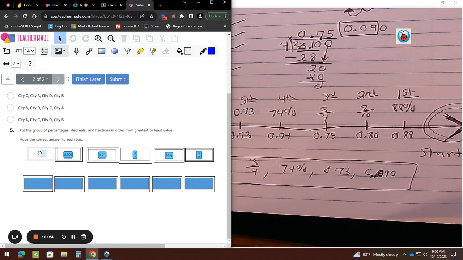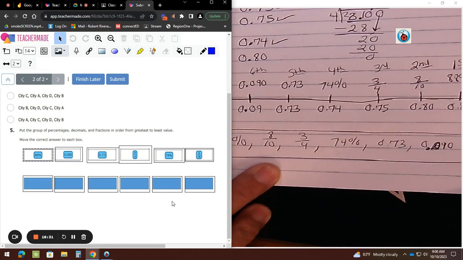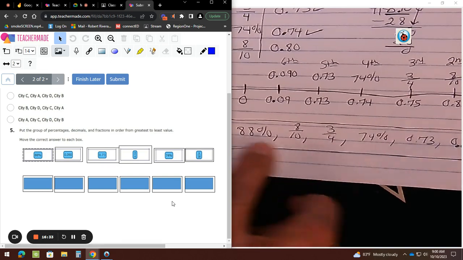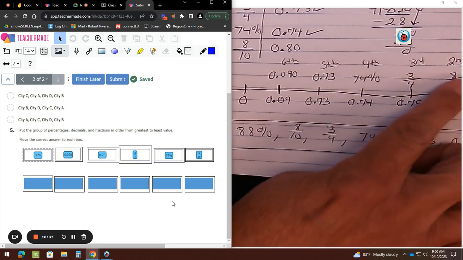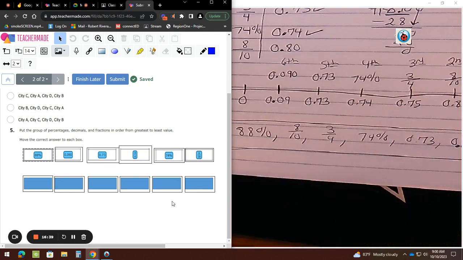But this is not a number line. This is you putting them in order. So that's why I want you to put them in order before you answer. Put first, second, third. So when you're ready to drag, who's the first one that you should put? 88%. He's the greatest because they want greatest to least.